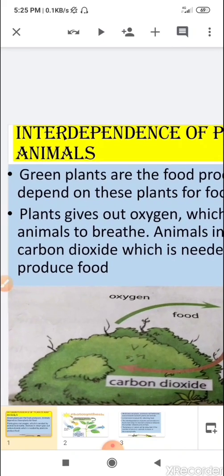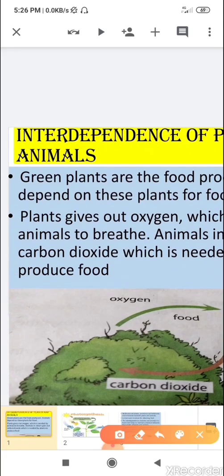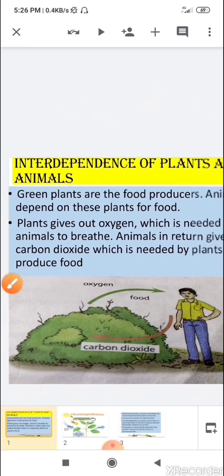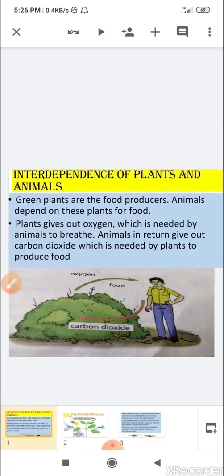So inter means between, and dependence means how two things depend on each other or have a relationship. So interdependence means how two things depend on each other. Today we will learn how plants and animals depend on each other.